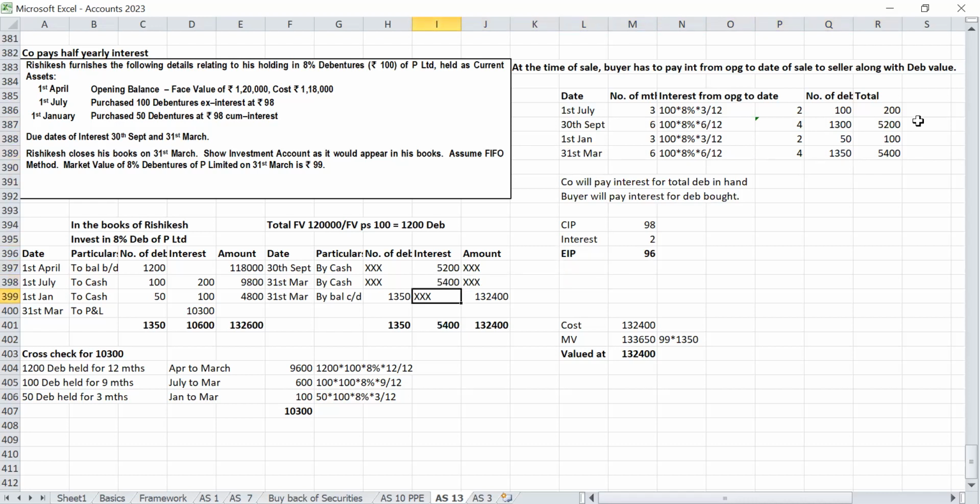So it closes with 1350. Cost will be different. What is the cost? 13260. Market value is this. Whichever is lower, now cost 13260. And the interest balancing figure will be there. What is the balancing figure? 10600.